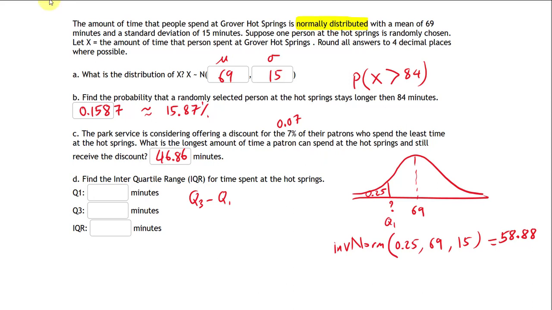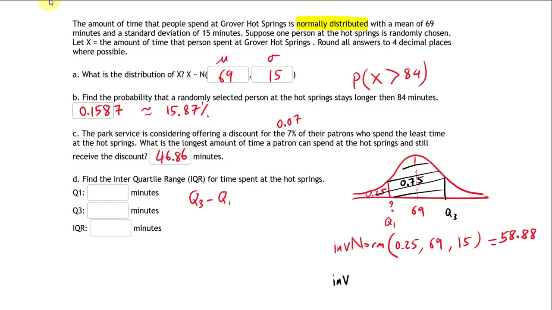And then the next one, we want to find Q3. Q3 is the 75%, the location of the 75th percentile. This is the middle value, which is the 50th percentile. So 75% would be around here, right? Q3. I don't know that value, but I know that all the values on the left side of Q3 have to be 0.75 because of the 75th percentile.